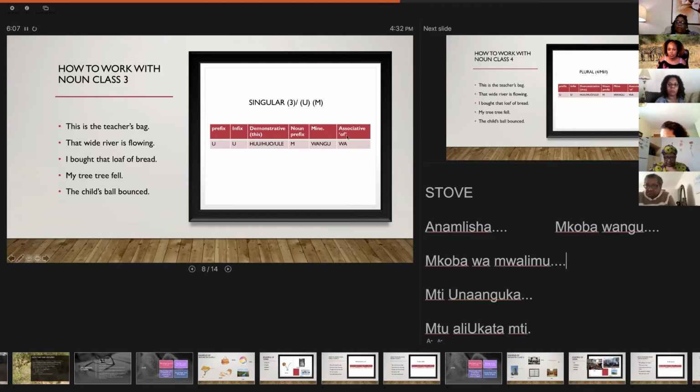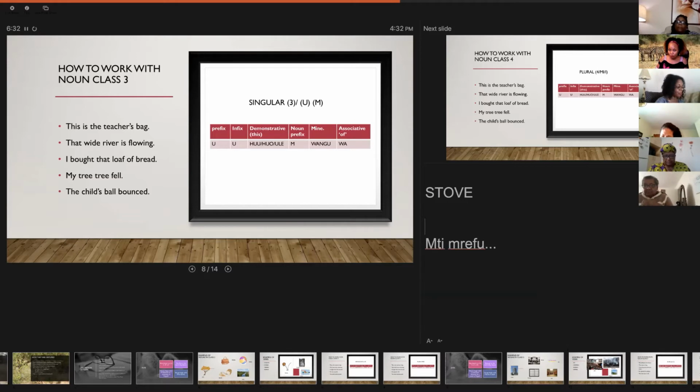So with the associative of, it's wa. With possession is wangu. So there are lots of components here to remember, but don't look at them individually. Just try to learn them within sentences. So how about we do that right now and learn those sentences?